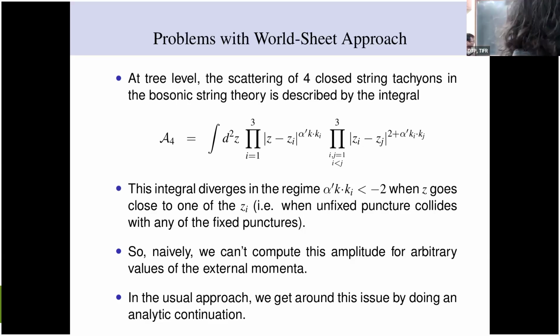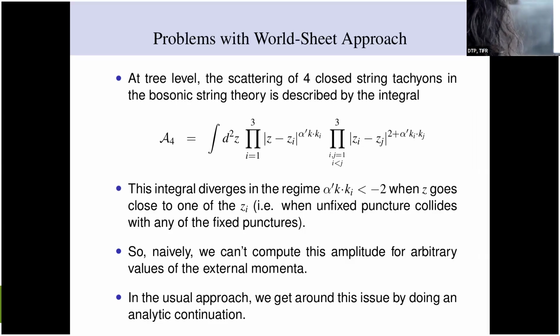But this is a physical regime. In this regime they correspond to the propagation of some intermediate state. So you really want to know the answer in this regime. And naively, we cannot compute this amplitude for arbitrary values of the external momentum since it diverges.